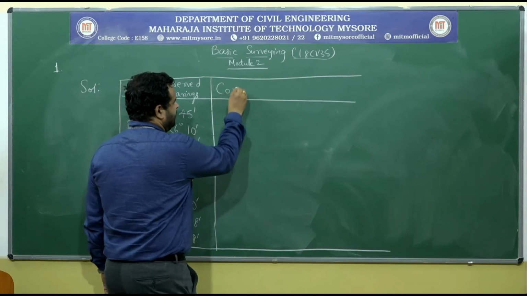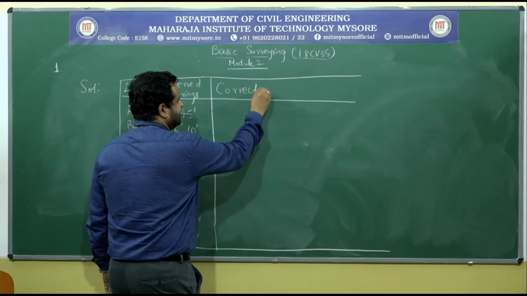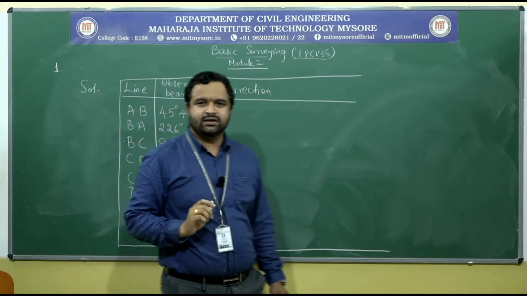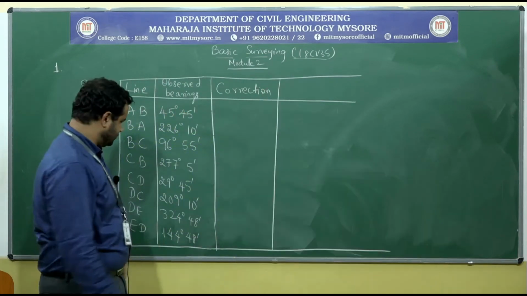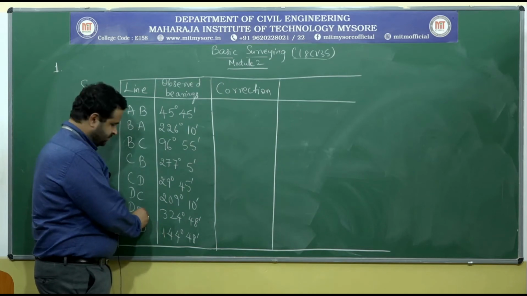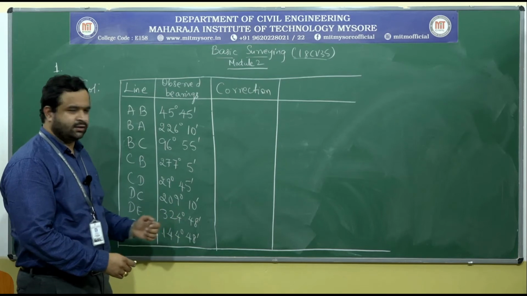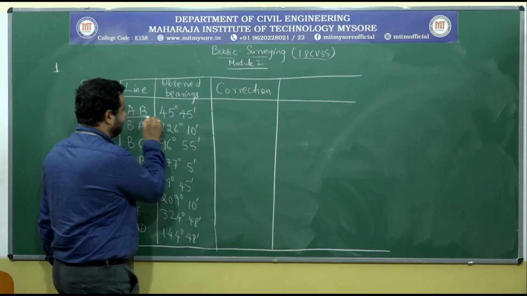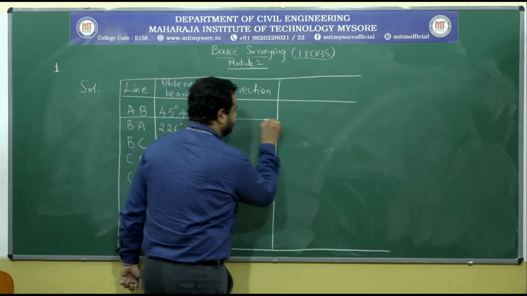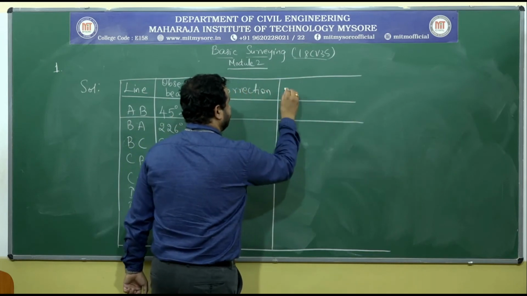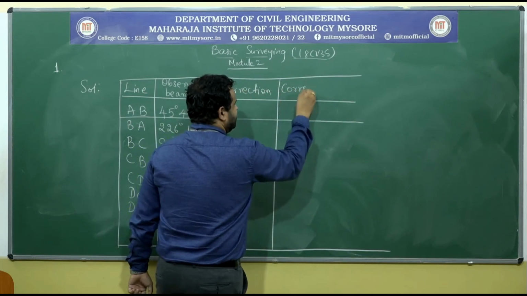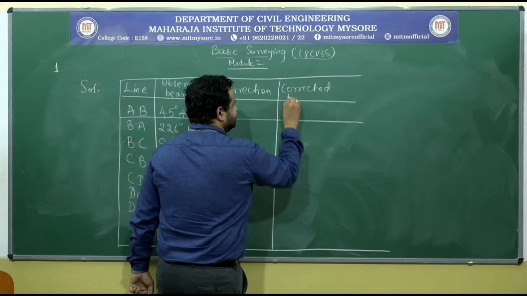Next column will be correction. What is the correction to be applied at a particular station? The stations D and E, if you take the difference between these two bearings, you will get 180. Let me write the next columns as well.